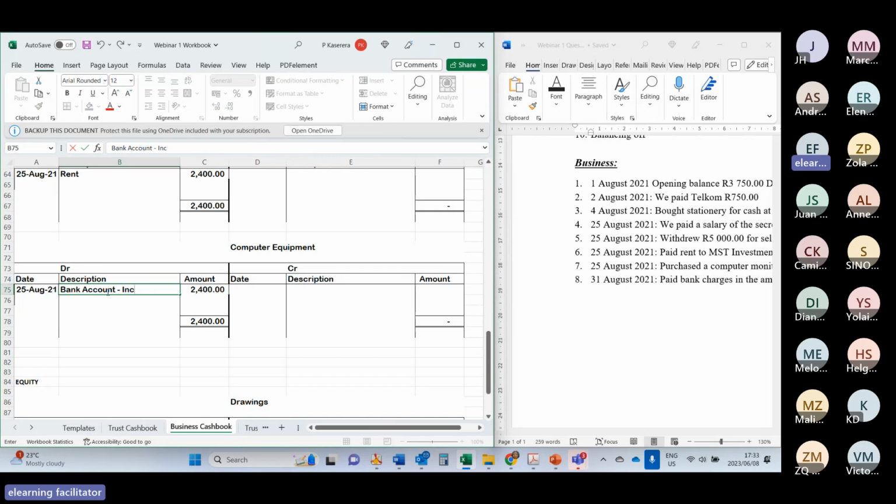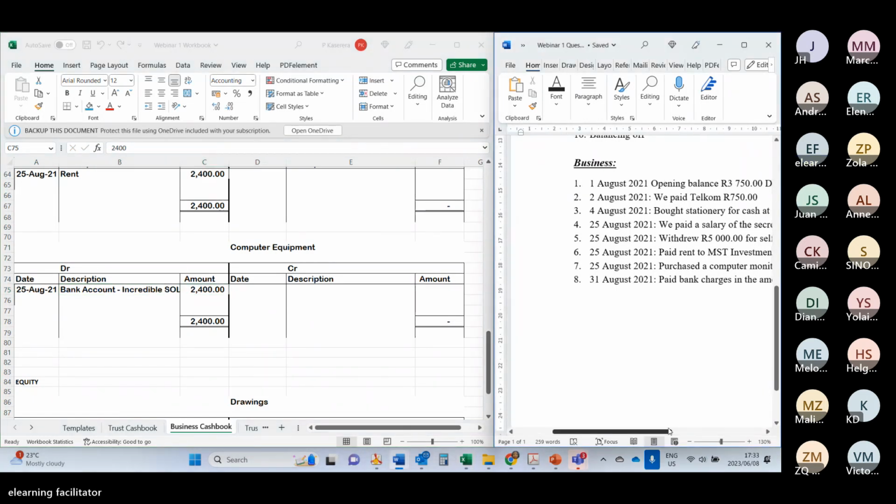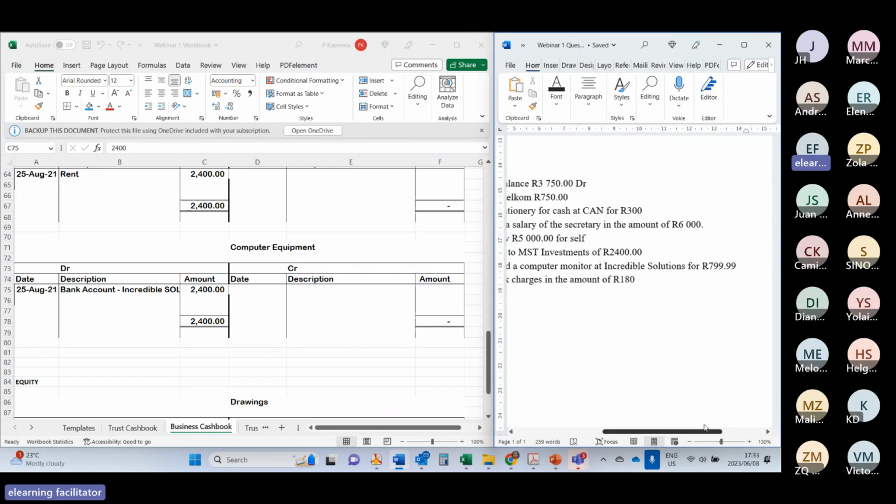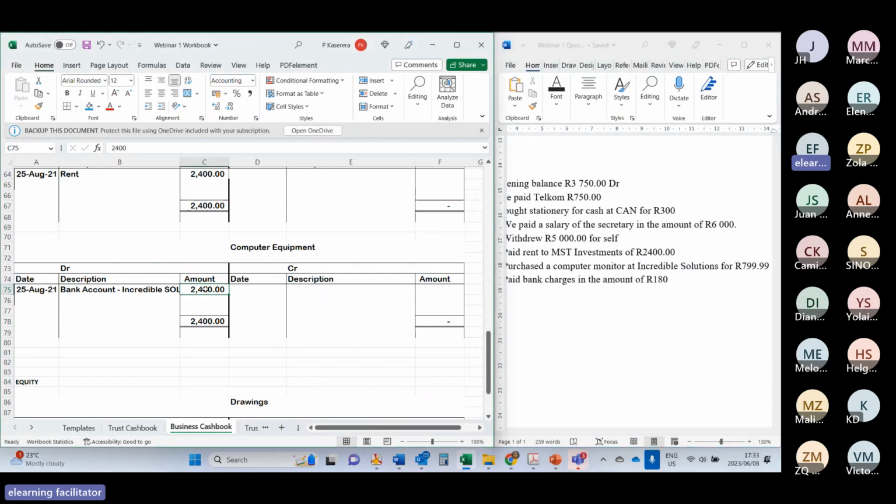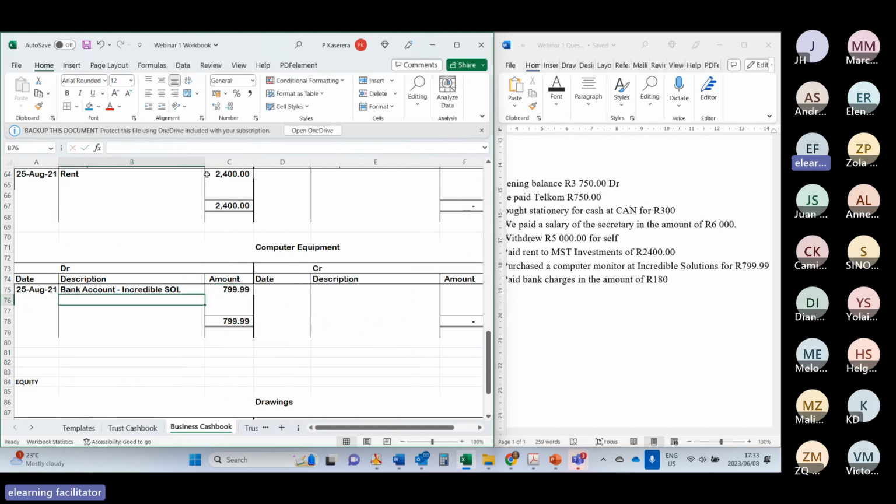So we are buying from Incredible Solutions. How much are we spending? 799.99. And also the other thing, if the firm or the practice decides to say we only capitalize assets which are more than 5,000 or more than 7,000.